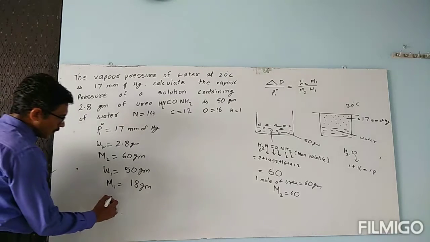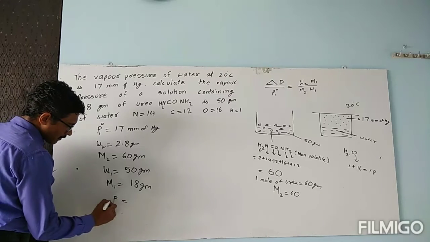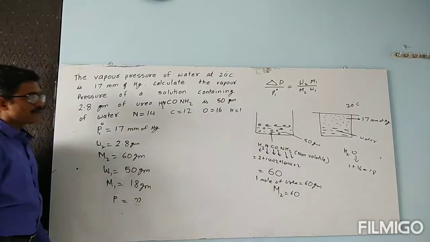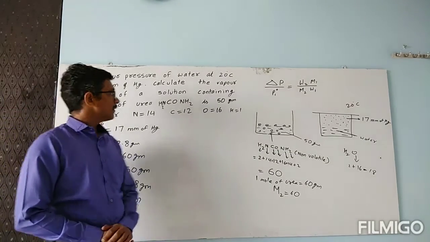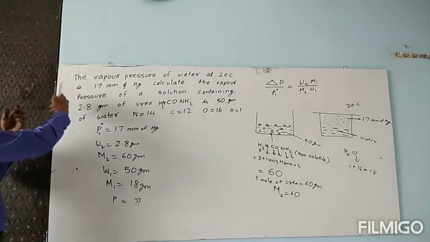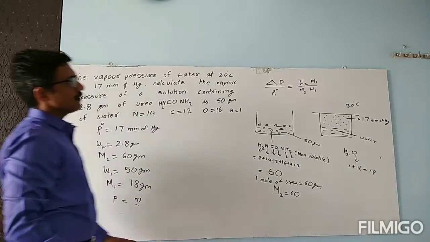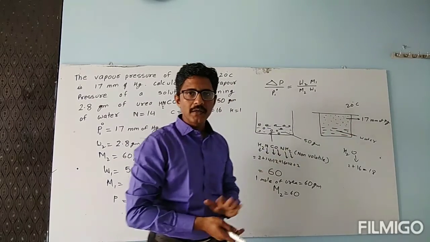They are asking you the vapor pressure of the solution. Correct? The vapor pressure of the solution. Let's read the question. The vapor pressure of water at 20 degrees is 17 millimeter of mercury.